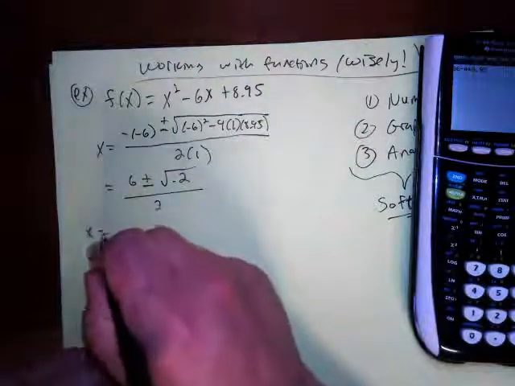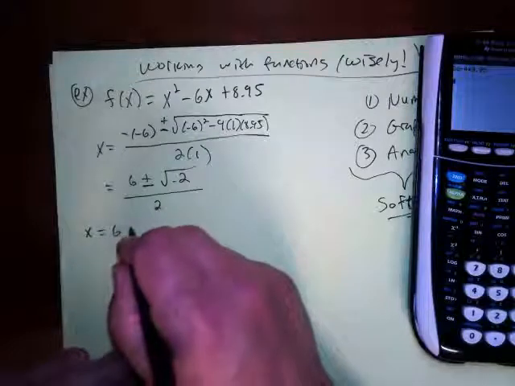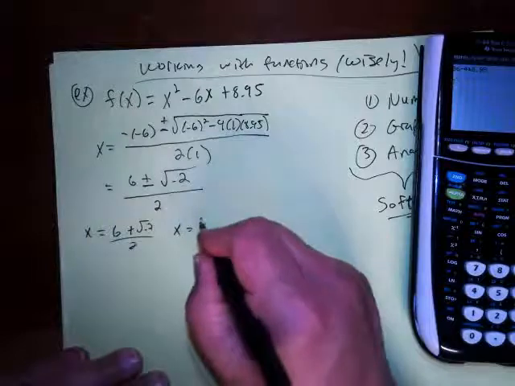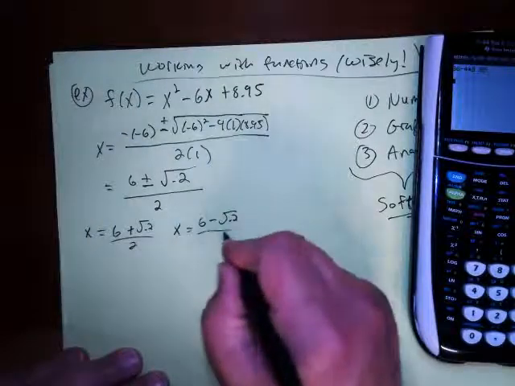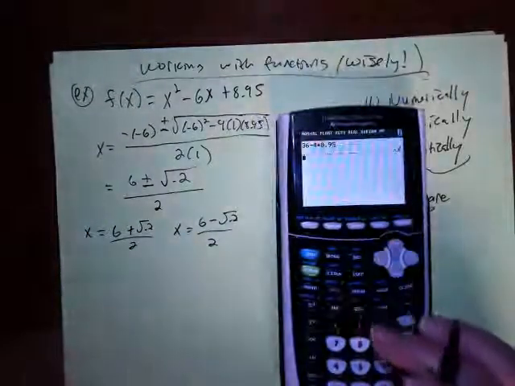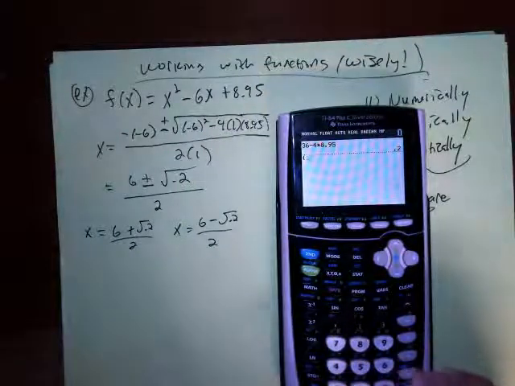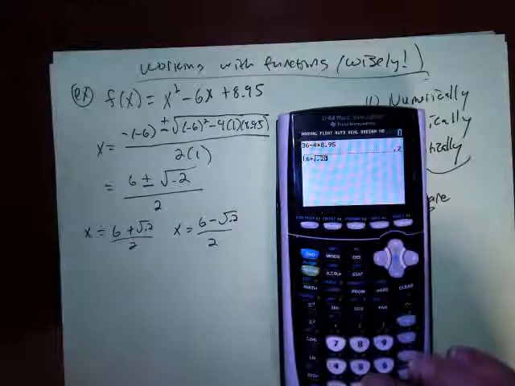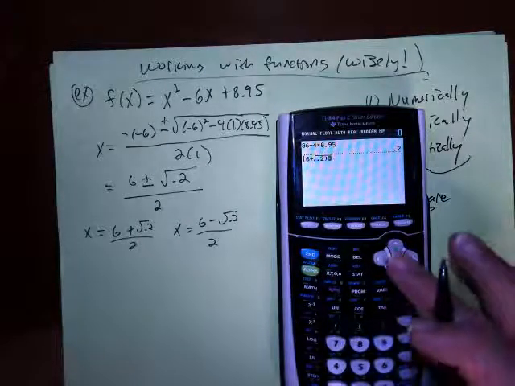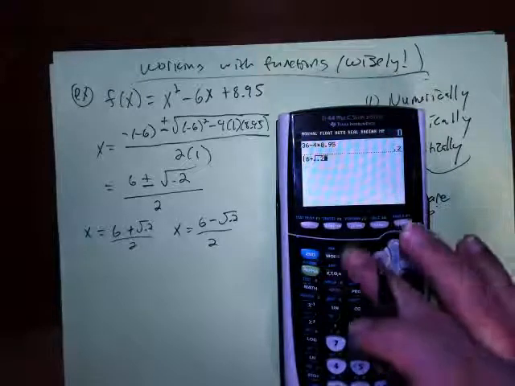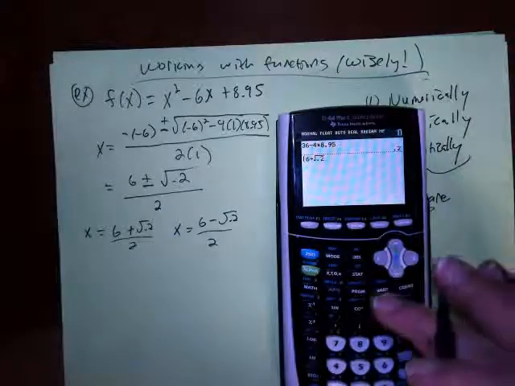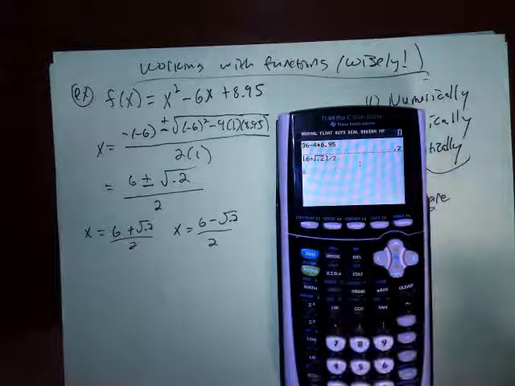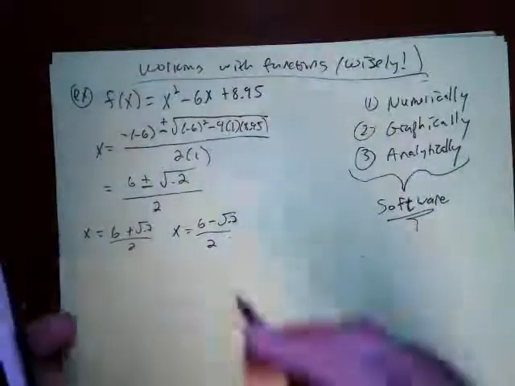So I got these two roots. x is equal to 6 plus the square root of 0.2 over 2, and then x is equal to 6 minus the square root of 0.2 over 2. So let me do this. 6 plus the square root of 0.2, over 2. So I'm using parentheses there. And I get like 3.22.